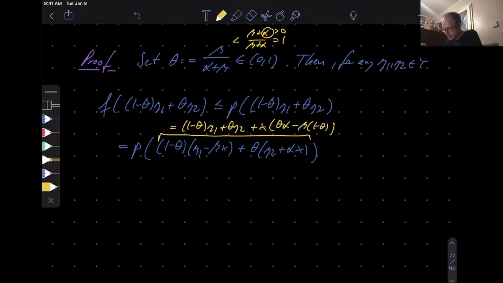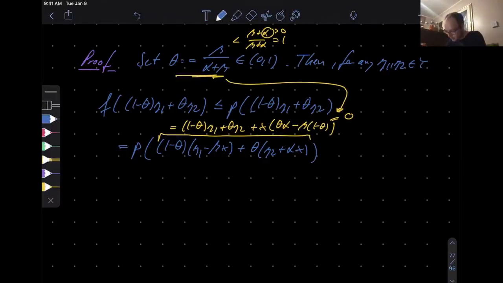So there's a bracket with a factor x in front, and inside the bracket you have theta alpha minus beta (1 minus theta). But this bracket here is identically 0 by this definition. You can check. Just plug in theta. You will see that this second bracket is equal to 0, and that's why you have the equality up there.